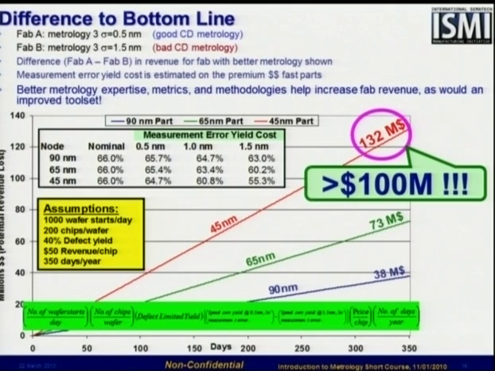So the idea of doing this more quickly is not only been important in the past. As we go forward, it's becoming more important. And it's not in this particular study, but even at 32 and 22 nanometers, again, the fact that you can tighten up your measurement error, which controls your process capability and allows you to yield more parts, continues to increase in value as you introduce each of these into manufacturing.